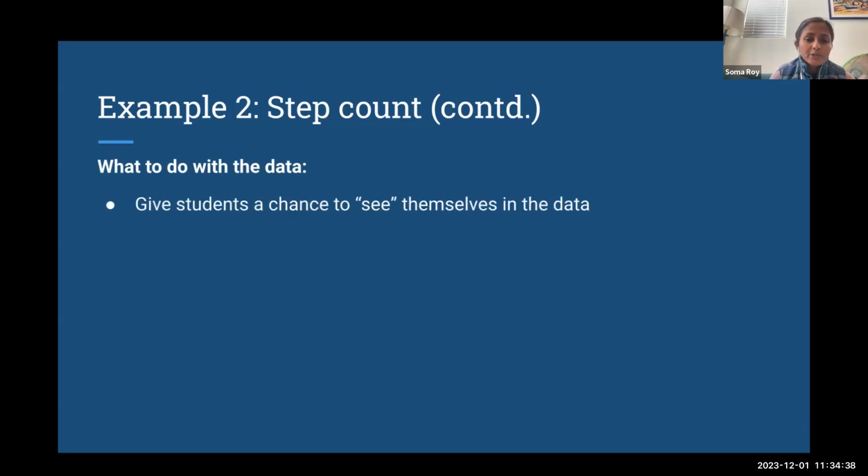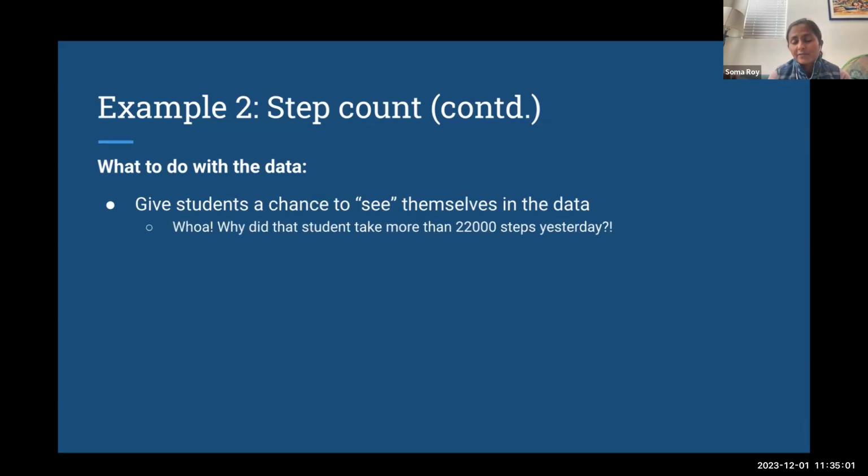It gives the students an opportunity to actually see themselves and connect with that dot. In the categorical data case, you can't really say, that dot belongs to me, because it's all on these bars. You can say I'm in that bar versus I'm in that other bar. But here, each student has a dot. They can make those connections, and especially if students are willing to identify themselves, they can say, hey, how come you were taking more than 22,000 steps that day?